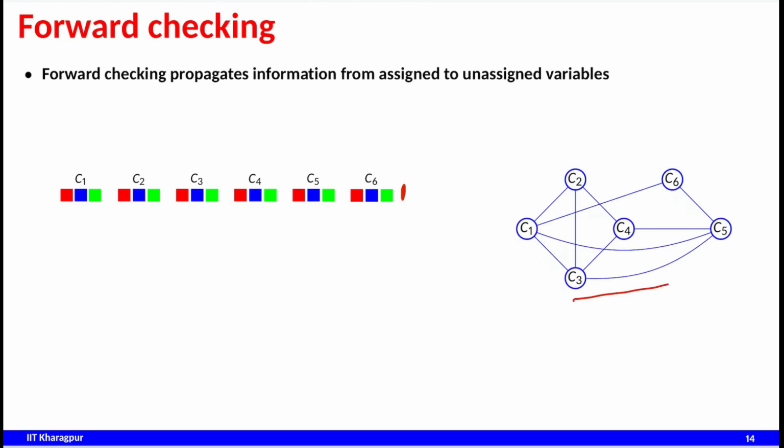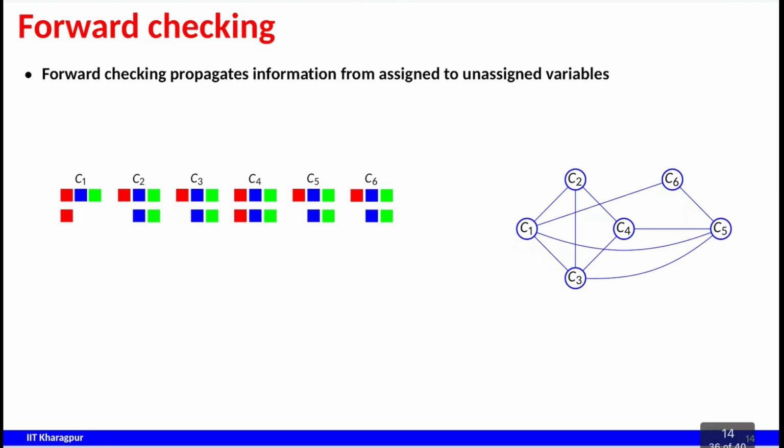Now in the first step we choose any value for C1. Let's say we choose red for C1. Then definitely we'll look into how the other variables stand when we assign this value.